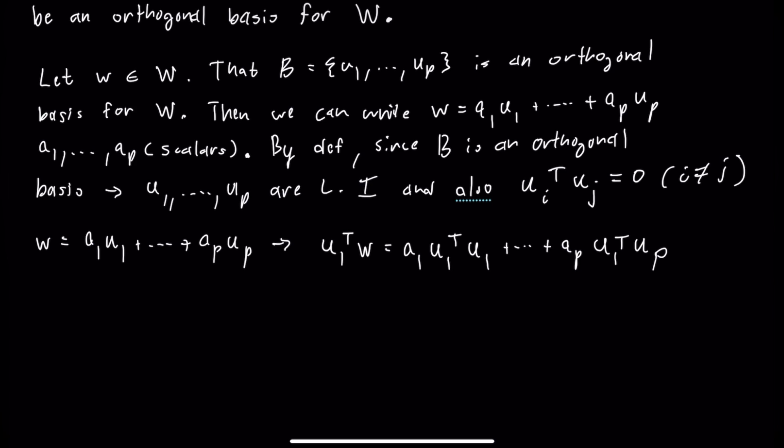We said that UI transpose UJ is equal to 0 when I is not equal to J. So here, clearly P is not equal to 1, so this entire thing collapses.